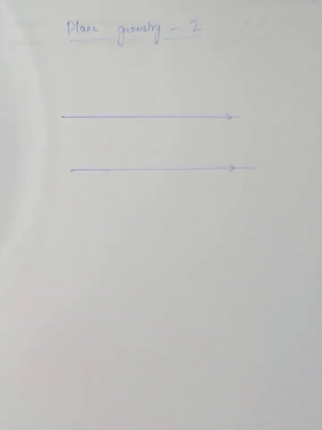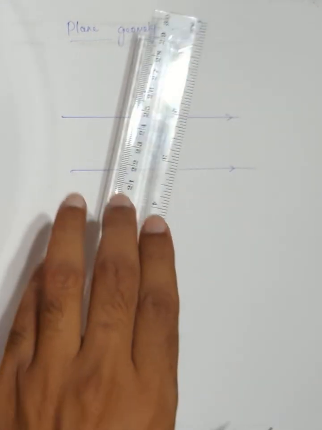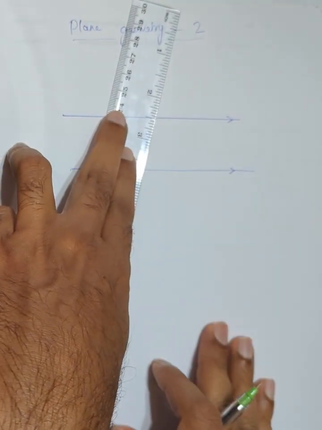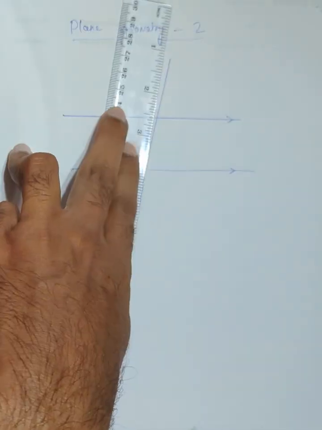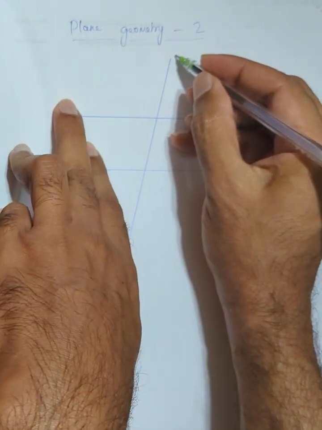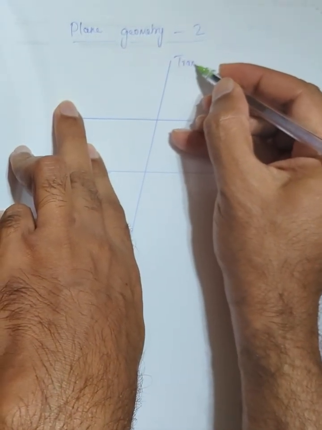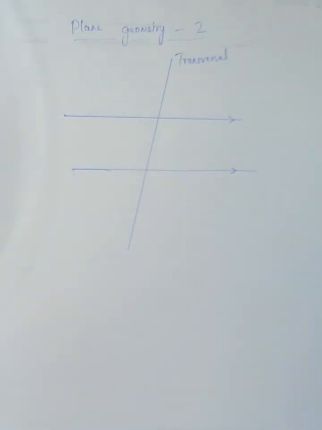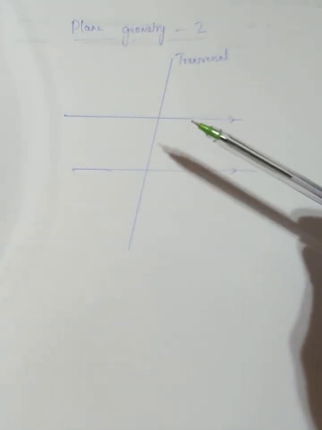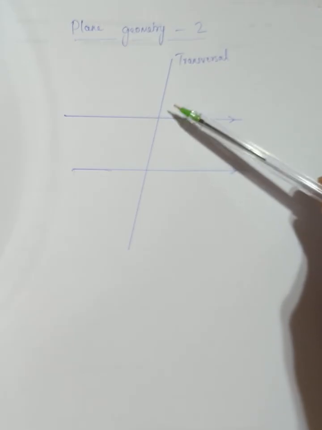Now, whenever two parallel lines are cut by a line, this line is called a transversal. We notice that there are several angles that are formed.